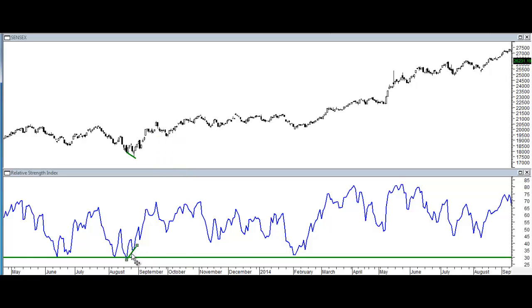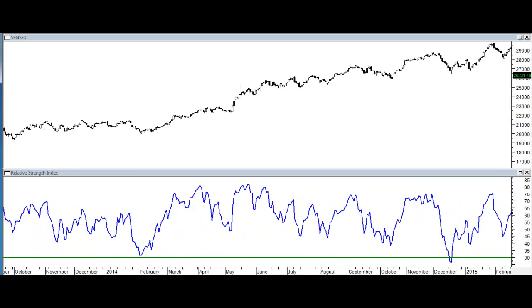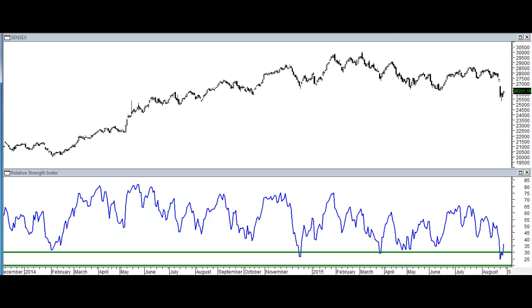Now we will see the current scenario. We have seen that whenever RSI reaches the 30-20 zone, it bounces back sharply. Two examples are here. Whenever RSI reached the 30-20 zone, it bounced back sharply.